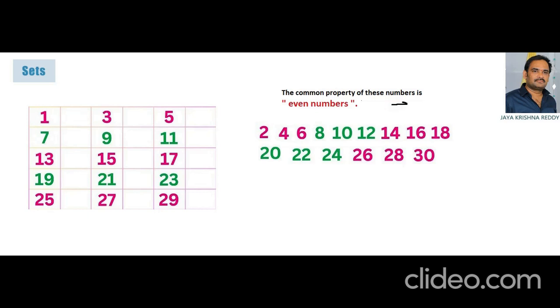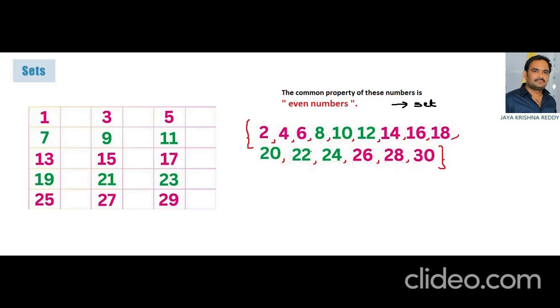Therefore this collection is called a set, and we can write these elements in braces like this and separate the numbers of this set with commas.